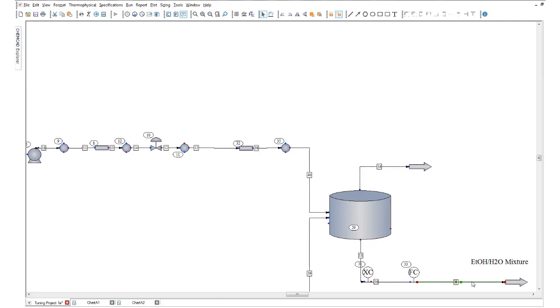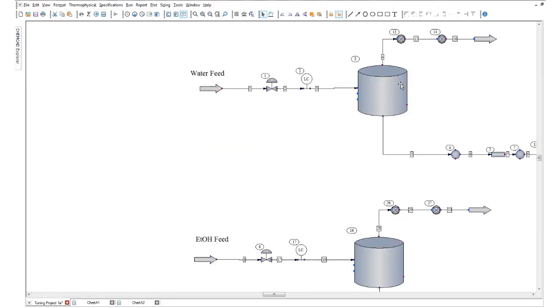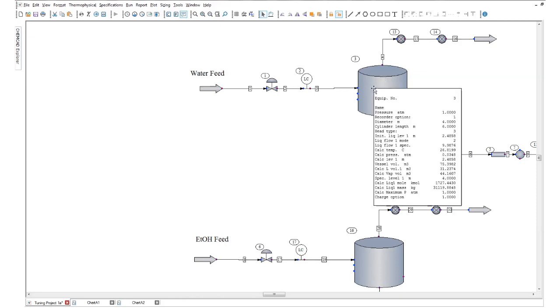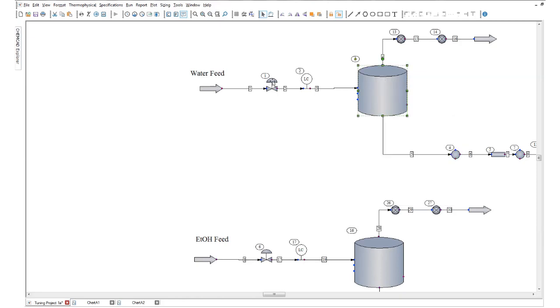With that stream, I want to look at the total flow rate and the ethanol composition. But I'm controlling a level inside my tank. I'm not interested in that stream. I'm actually interested in the level of this tank and the position of this valve.